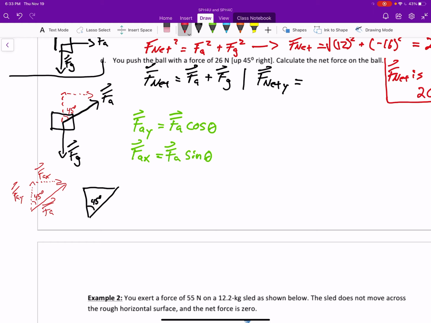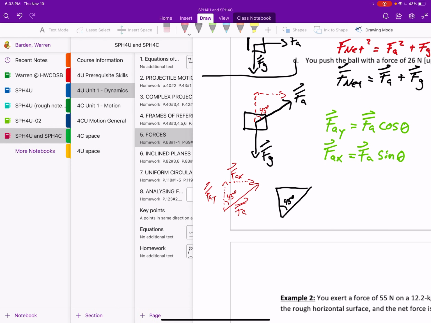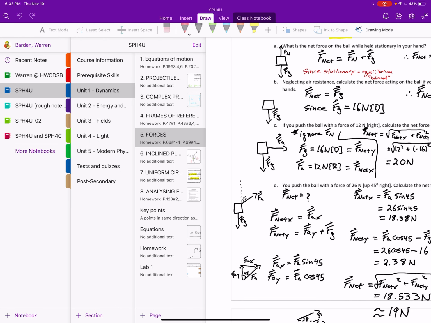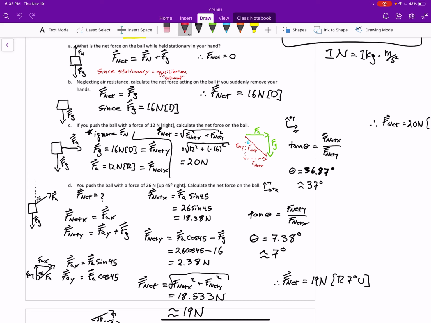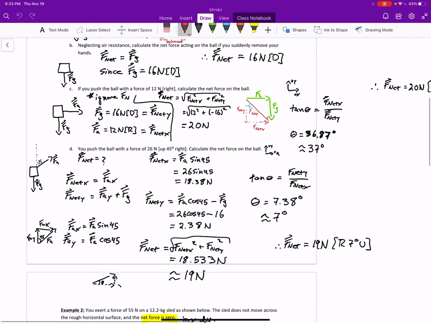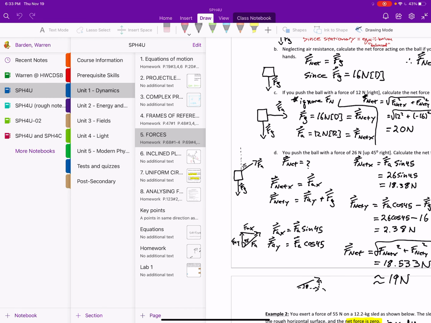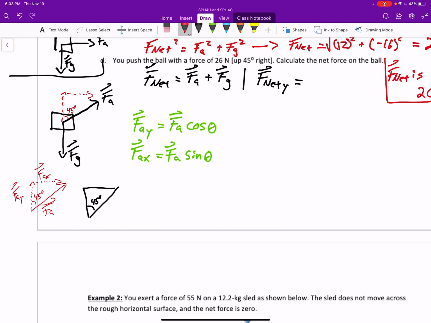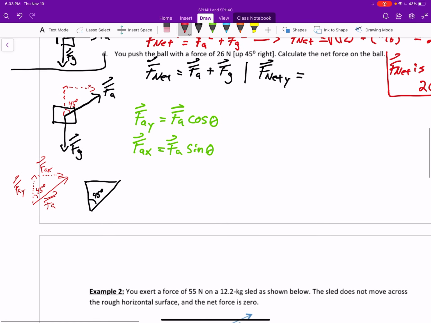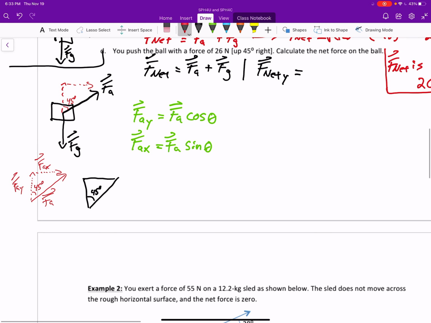Because, are we also ignoring normal? Let me see what I did before. Yeah, let's keep ignoring the normal force just to make our lives easier. So we're going to continue ignoring the normal. Let me make a point of that. So we're continuing to ignore the normal force.